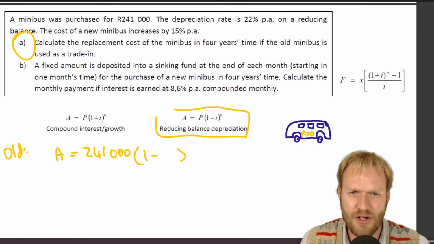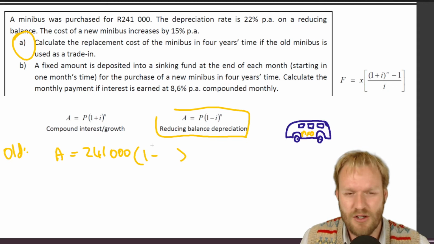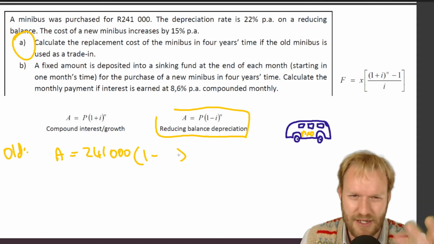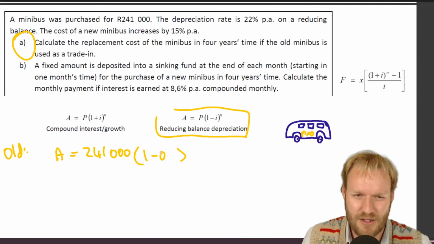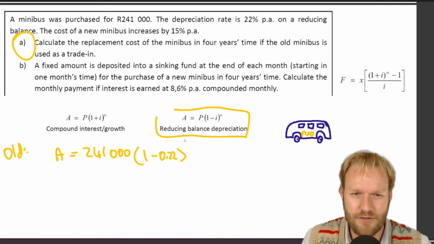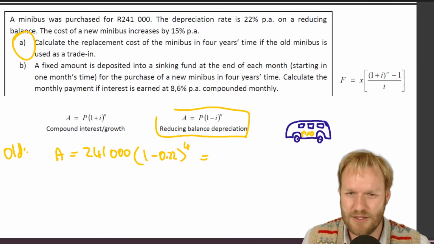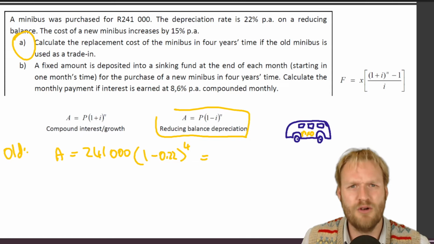And what's the depreciation rate? Well, 22%. It's not compounded monthly or anything like that. That depreciation rate is pretty much always just 0.22, for 4 years' time. So that's what our minibus is going to be worth: 241,000 times (1 minus 0.22) to the power 4. What do you get?